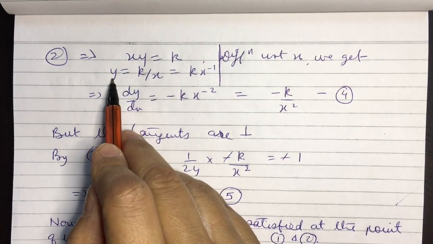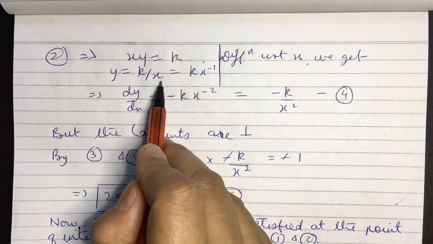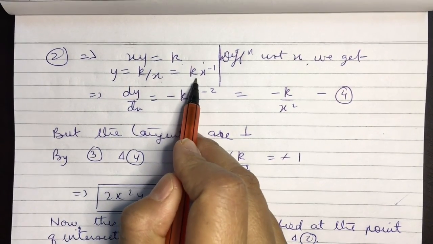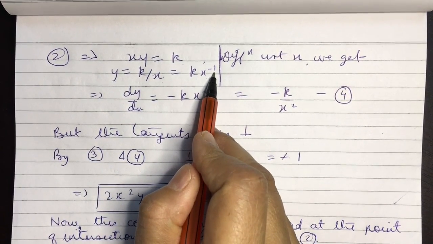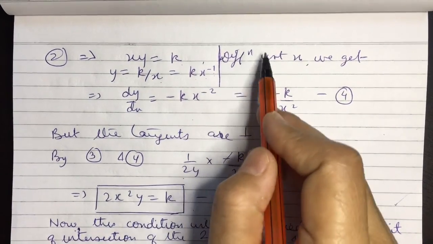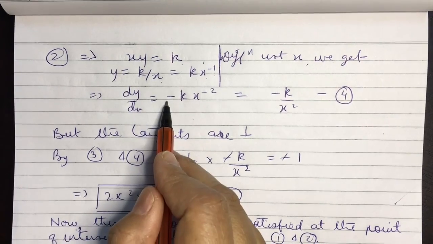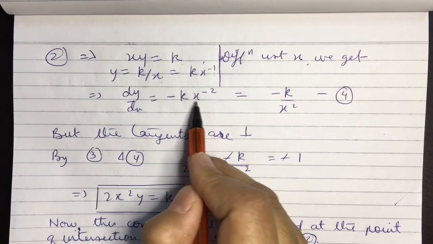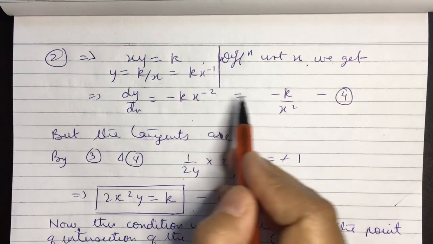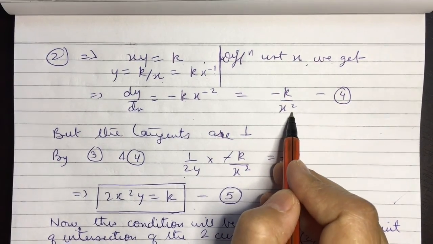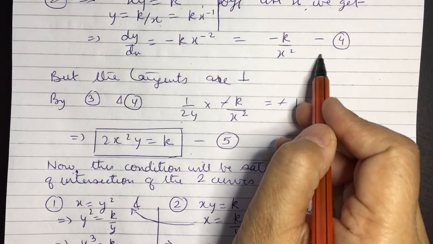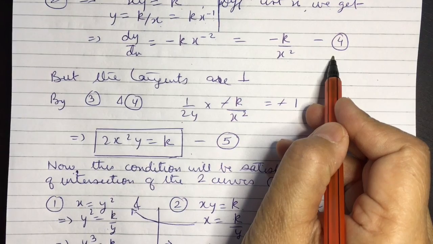We can write it as y is equal to k upon x, which is equal to k x raised to power minus 1. Differentiating with respect to x, we get dy by dx is equal to minus k x raised to power minus 2, which is minus k upon x square. We call it equation number 4.